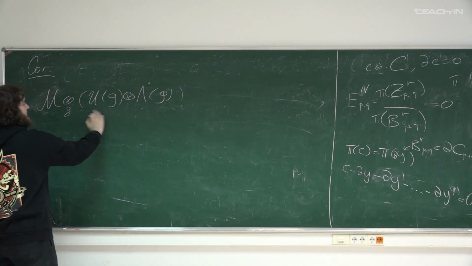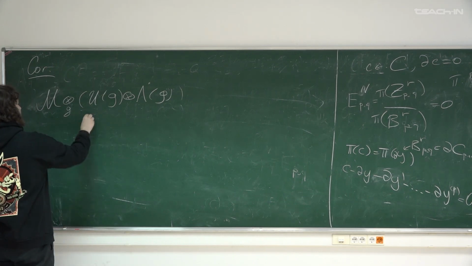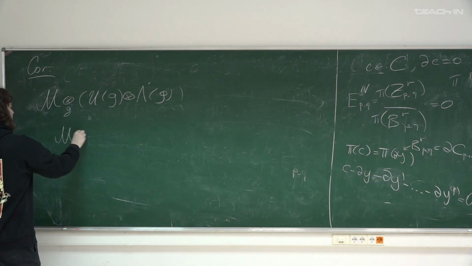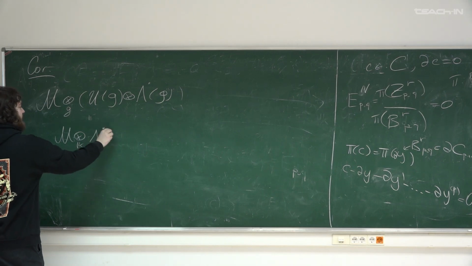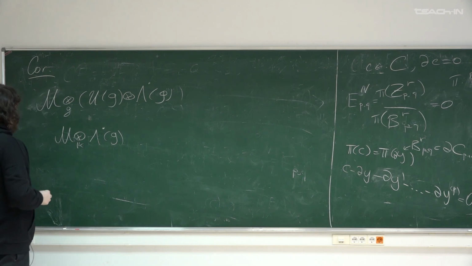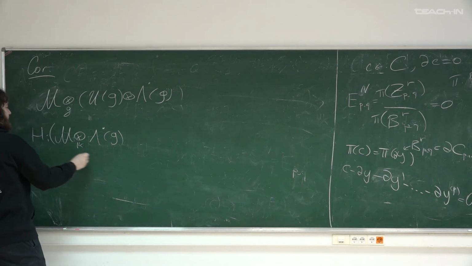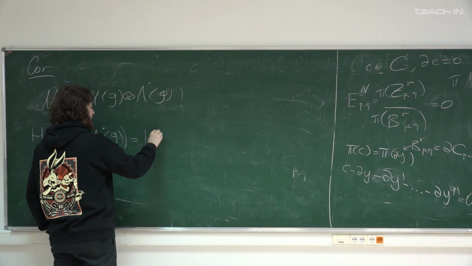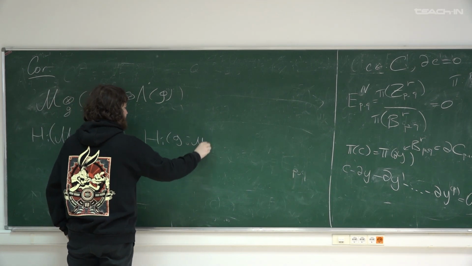But of course, this is a free resolution, so in fact this thing is just this tensor over K over this thing. And the homology of this chain complex is just the homology of G with coefficients in M.